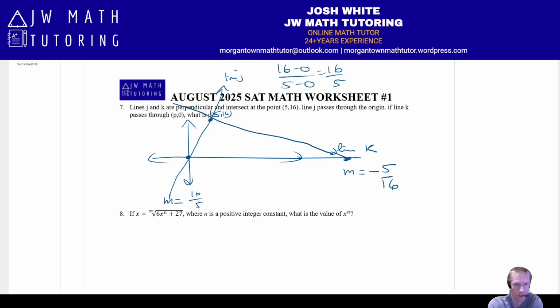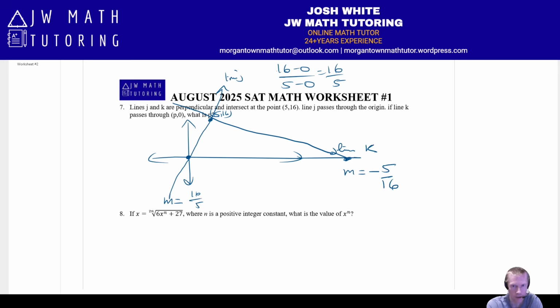Now we have a slope, now we have a point. We can use that to get the equation of the line, and then once we have the equation, we can get the x-intercept. I'll show you how to do this by hand, but I'm not going to spend time doing all the actual work out because you could just do this entirely in Desmos and it'll probably be much quicker.